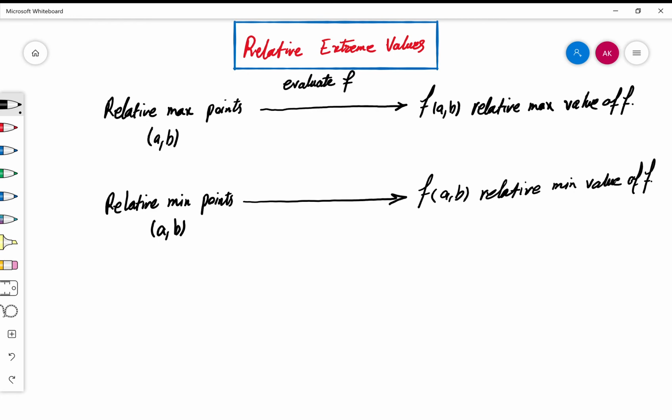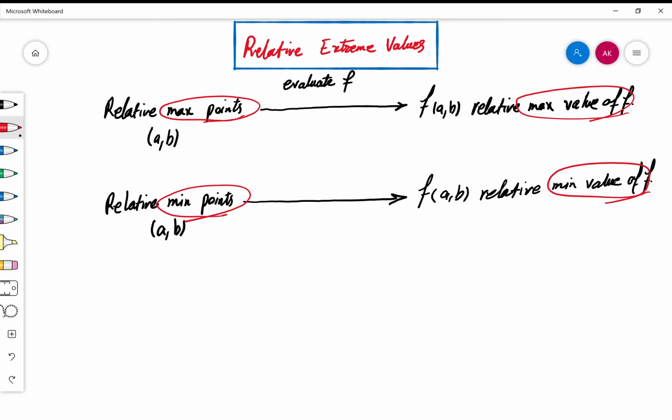And this is the new terminology that we would use. Instead of relative max point, you will hear me say find relative max value of the function, or instead of relative minimum point, you will hear me say finding minimum value of f.